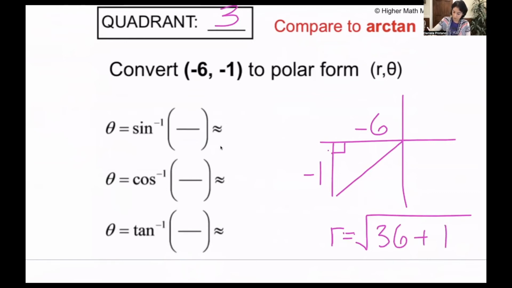So this would be the square root of 37, or you could have technically done the Pythagorean theorem here. Across from the 90-degree angle is the hypotenuse, right? So theta is my reference angle here. So here's the opposite side and the adjacent side.